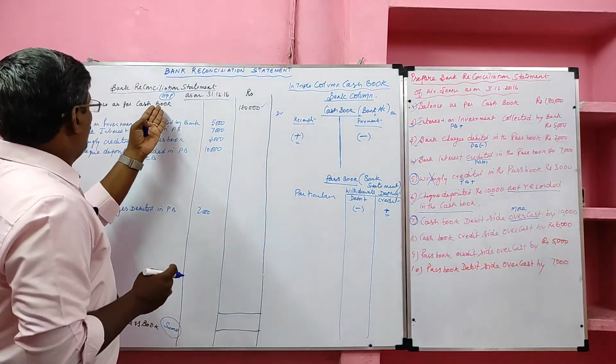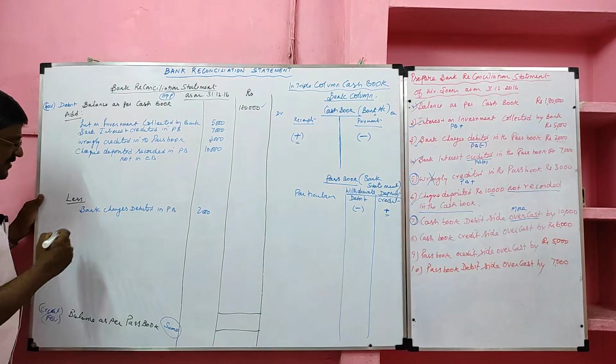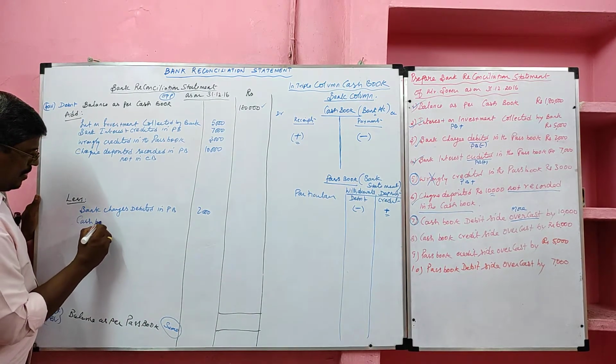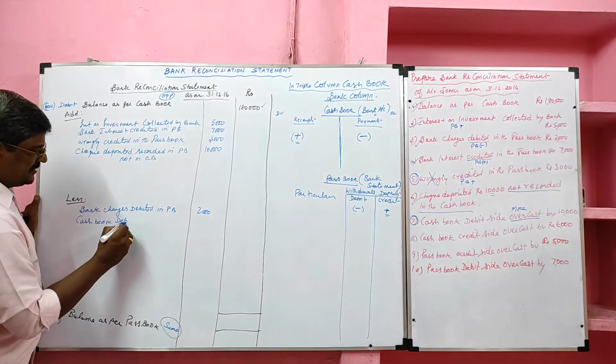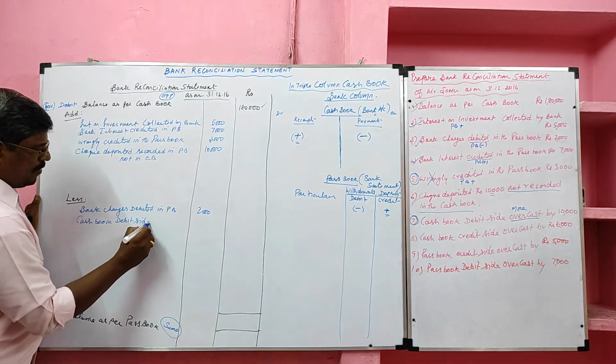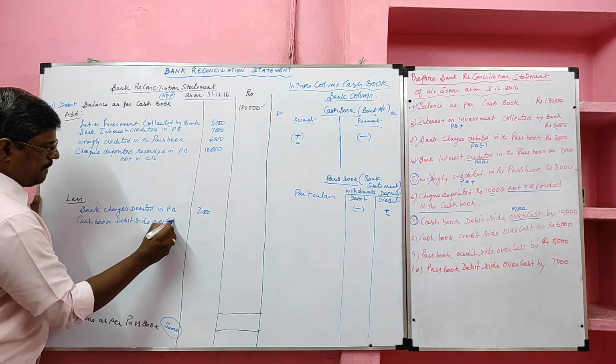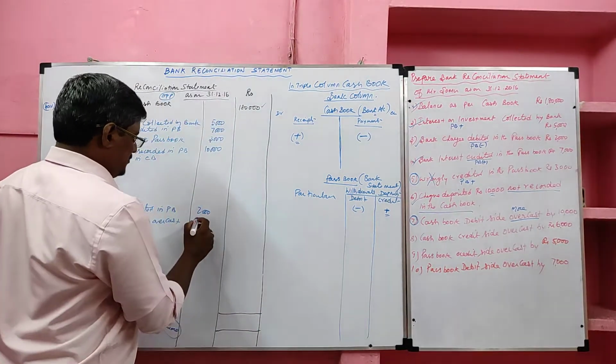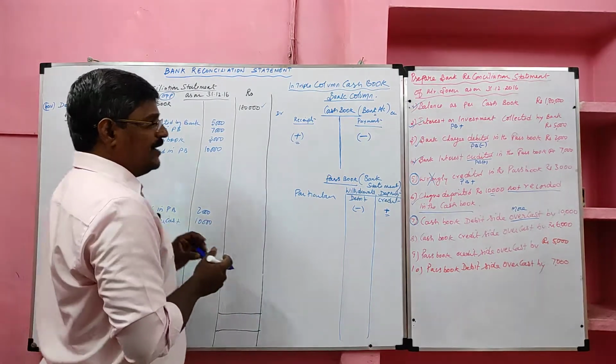Now what we have to do? We have to give opposite effect. We have to deduct. So cash book debit side overcast, how much? 10,000.